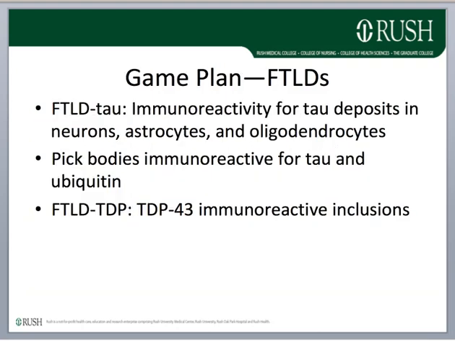And finally, we can characterize FTLDs biochemically according to their immunoreactivity for tau deposits located in neurons, astrocytes, and oligodendrocytes, and the presence of Pick bodies, which are also immunoreactive for tau, as well as ubiquitin. In contrast, FTLD-TDP is associated with TDP-43 immunoreactive inclusions, which can be localized to nuclei or cytoplasm.